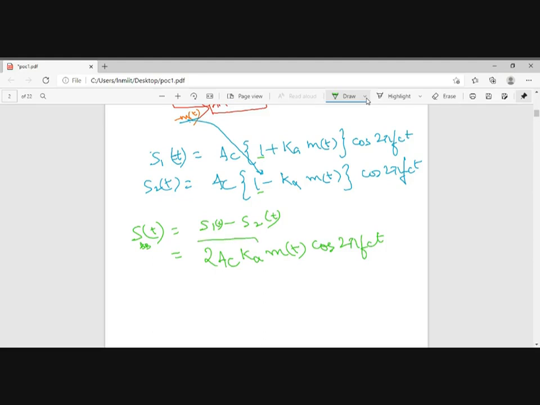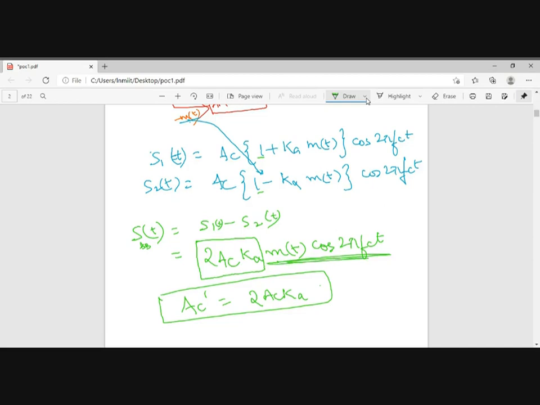This is the magnitude. I can write that Ac bar is equal to 2 Ac Ka. So the amplitude of the carrier has been changed, but we have generated this DSBSC.